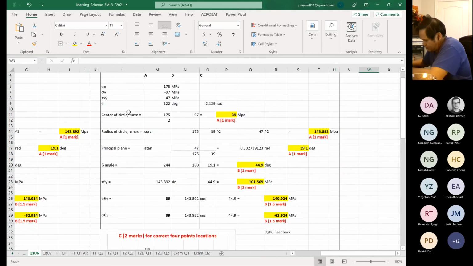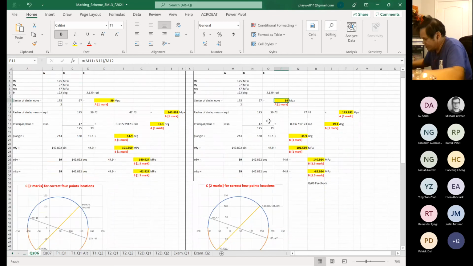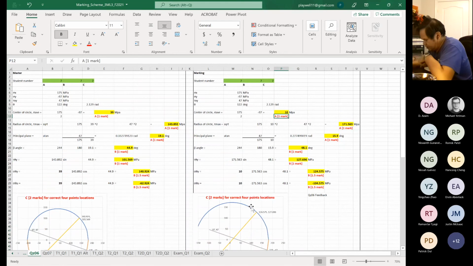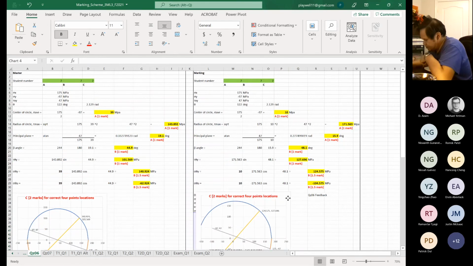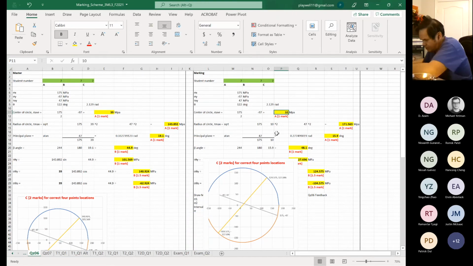Okay, so over here, if you calculate the center of the circle wrong, you'd get 0 marks. So let's say you calculate it as 10, for example. I want you to see what will happen to the circle. You calculate it as 10. Can you see the circle shifted, yes or no? So we mark based on, the correct answer is actually 39.